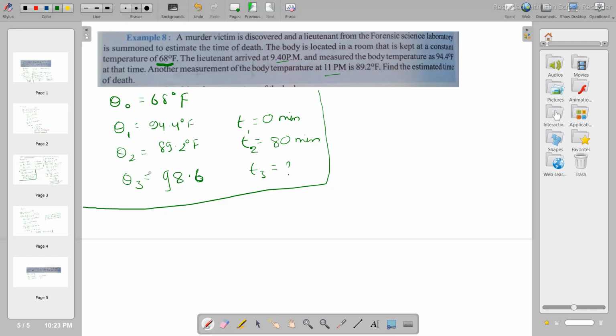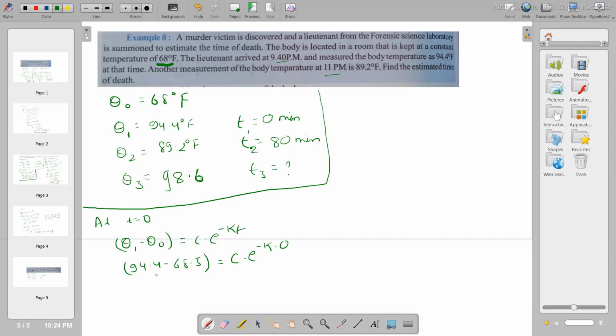At t equal to 0, we have Newton's law formula: theta 1 minus theta naught equals c into e power minus kt. The value of theta 1 is 94.4, the body temperature, and theta naught is 68. C we don't know, and t we know is 0.